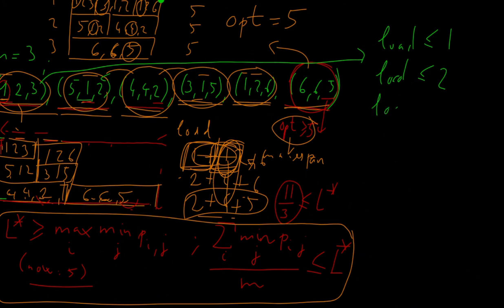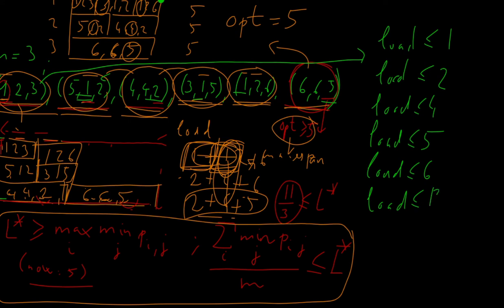After the third step, the load of each machine will be at most 4, because 1 plus 1 plus 2 is 4. And then we will have a load of at most 5 if we run the list algorithm, and then it will increase by the next minimum. It will be at most 6, and then the load will be at most 13.